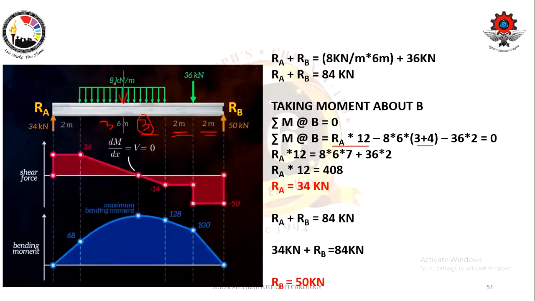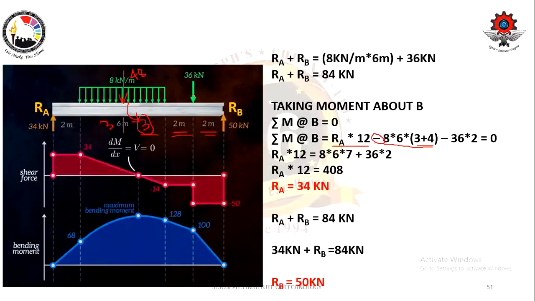So we are converting first as a load, that is 48. Next, 3 plus 2 plus 2, that is the distance, right? 8 into 6 into 3 plus 4. Next, this 36. Since this is anti-clockwise direction, this is going to make a anti-clockwise direction. This is negative, right? This is negative.